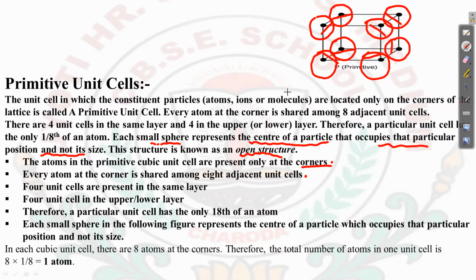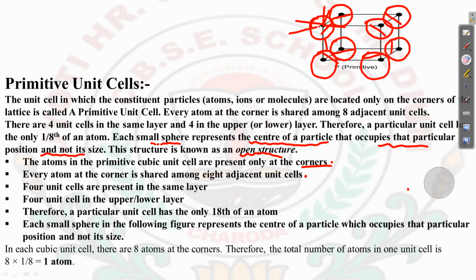It means that this one atom will be shared by 8 different unit cells, so each unit cell will have only 1 by 8th part of a particle.